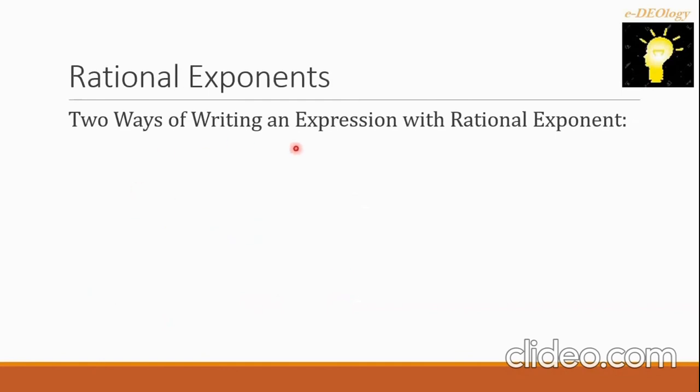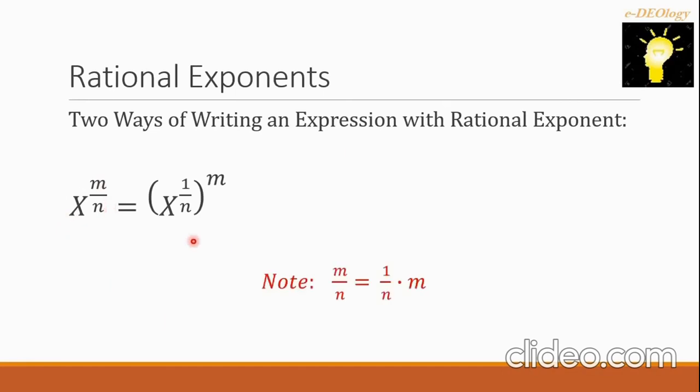There are two ways of writing an expression with rational exponent. The first one is this. When we have the x raised to m over n, it seems like we're going to split the m over n fraction into two factors. One is the m, or the numerator itself, multiplied by 1 over n.